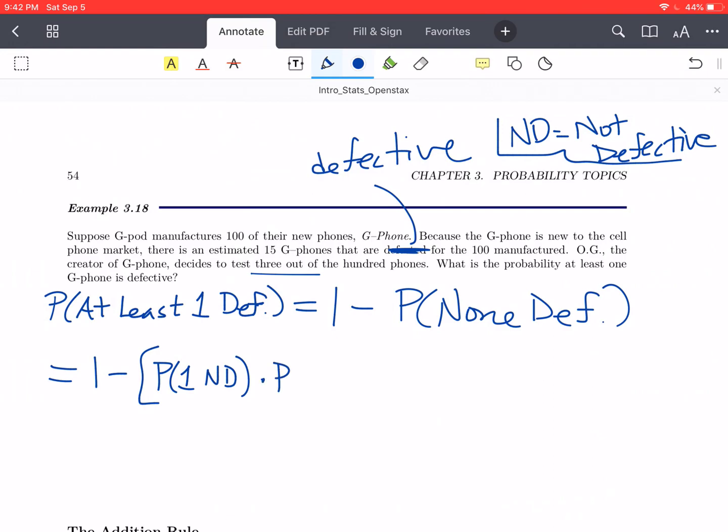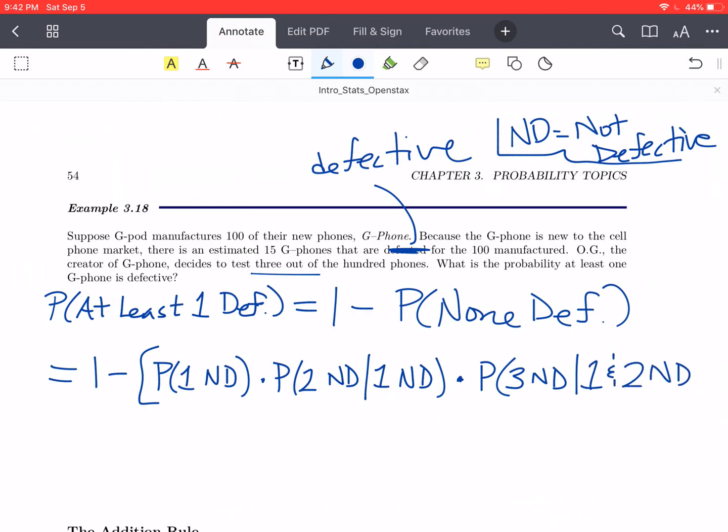Then, and the second one has to be not defective, given that the first one was not defective. And the third one has to be not defective given the first and second one were both also not defective. Which looks like a lot, but once we get the ball rolling here, it's going to go pretty quickly. So we have 1 minus.